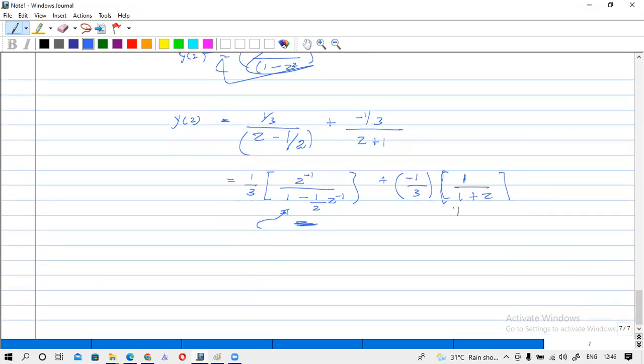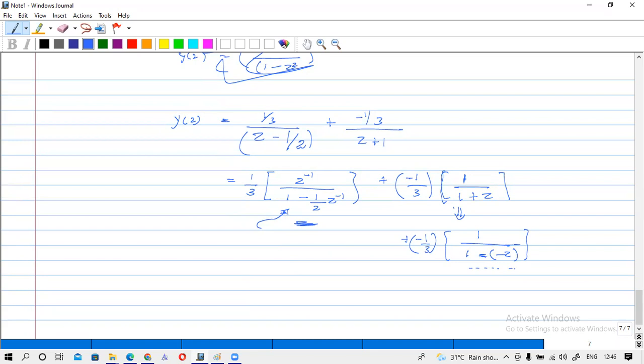Here you have to find the z transform, no? So if you make this one like this, 1 by 1 minus z. Do you have any sense here if I put like this?